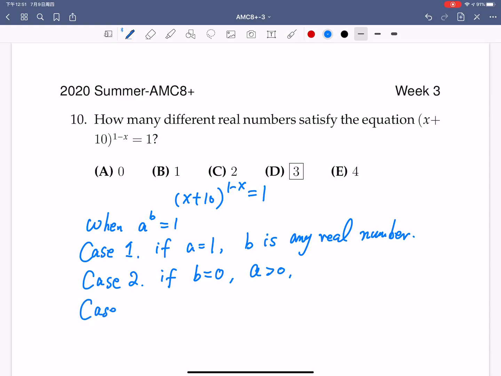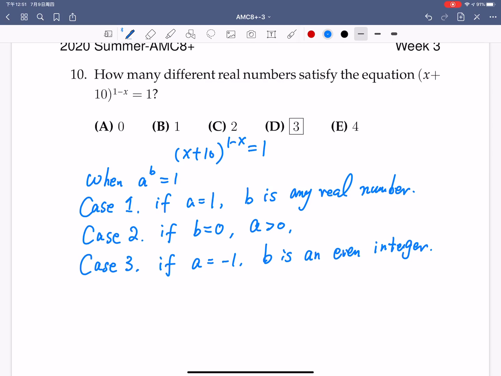And there's a case 3. If a is equal to -1, b is an even integer. So that's the rule. That's all the possibilities when a to the b's power is equal to 1. So let's apply it to our particular problem to see if all the 3 cases will be feasible.